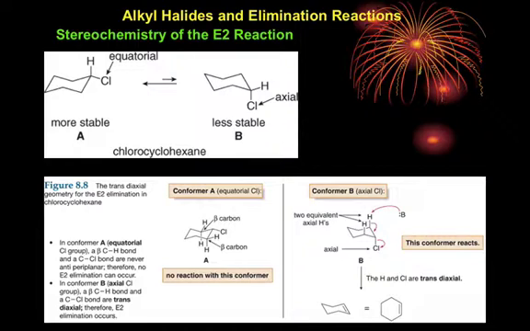However, if we look at that, are any of the hydrogens anti-periplanar to that carbon-chlorine bond? If we were to look down this carbon-carbon bond or this carbon-carbon bond, is there any hydrogen that is anti-periplanar to that carbon-chlorine bond?